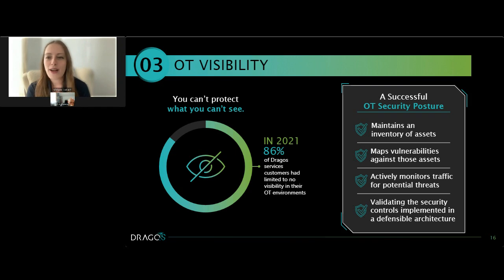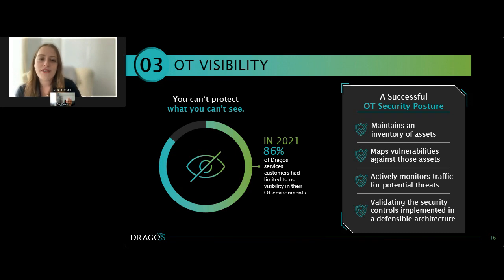And that's pretty scary, not knowing the landscape of what you have on your industrial control system side. If there are rogue devices or rogue communication happening, most people would be unaware of it.